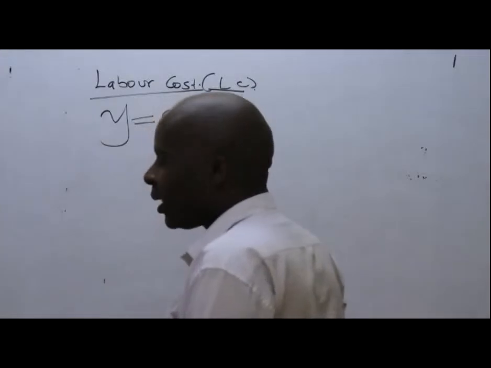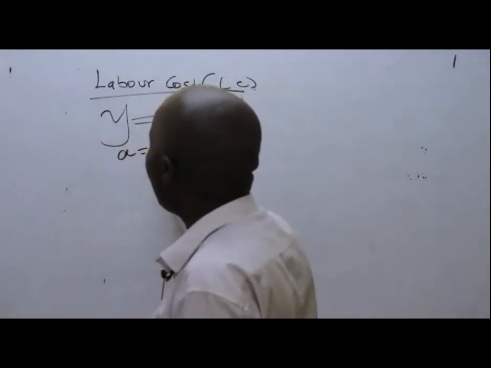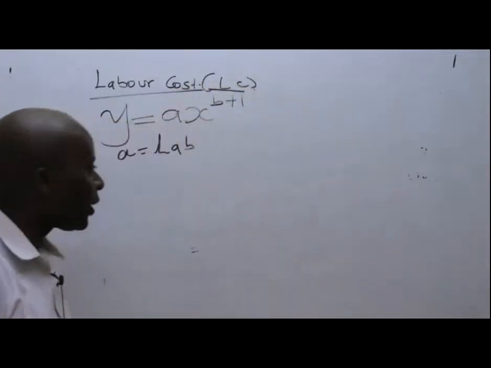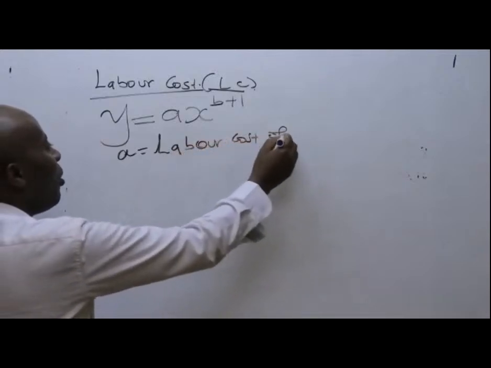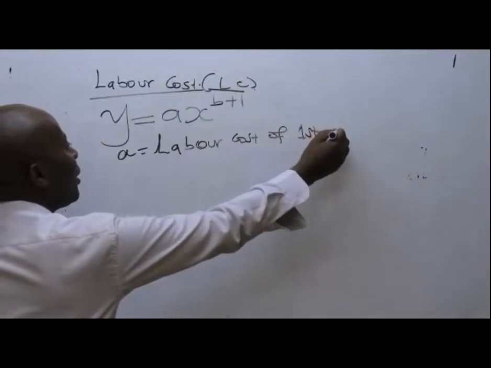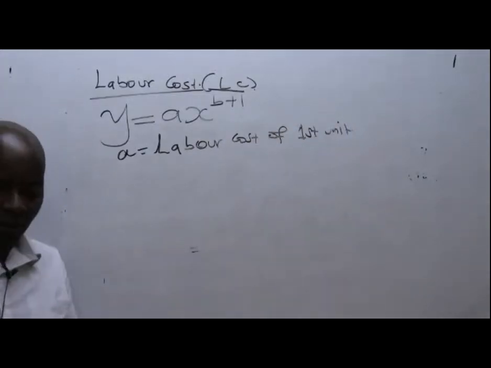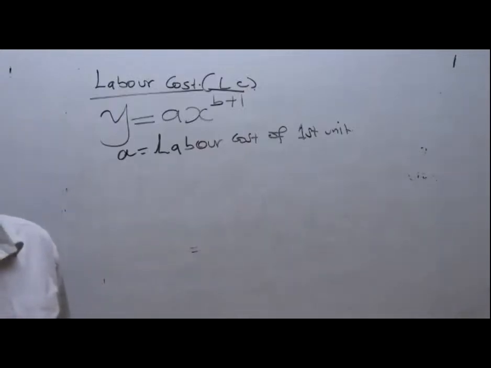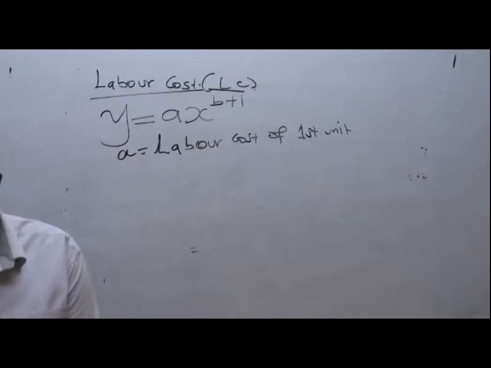Now, ladies and gentlemen, remember that A is the labor cost of the first unit. Like in this question, they have told us something to do with the first unit.